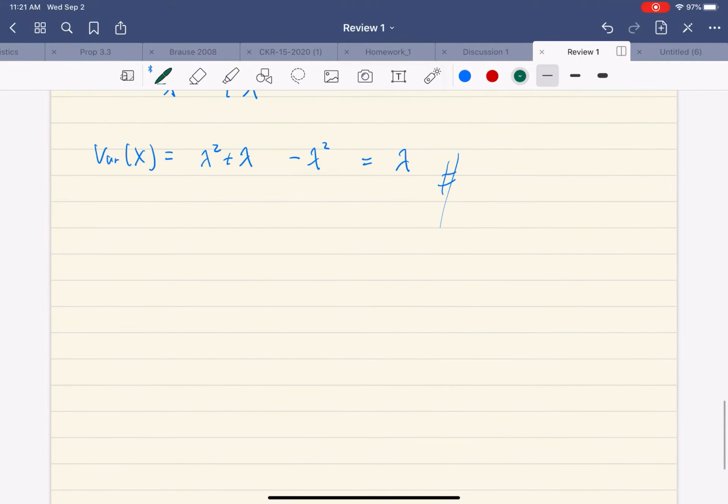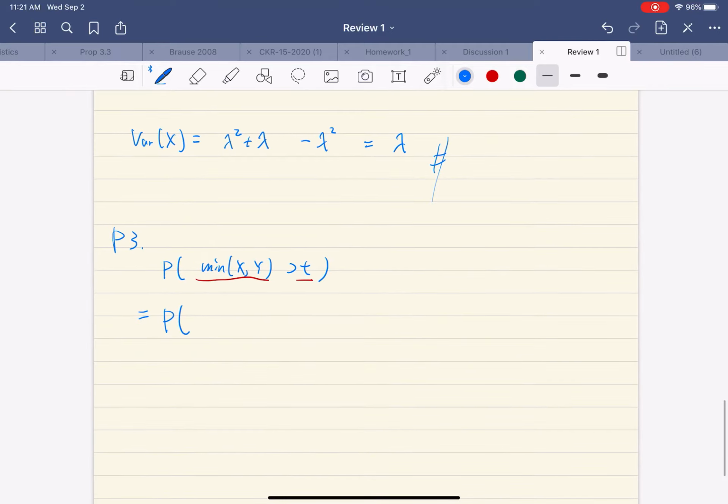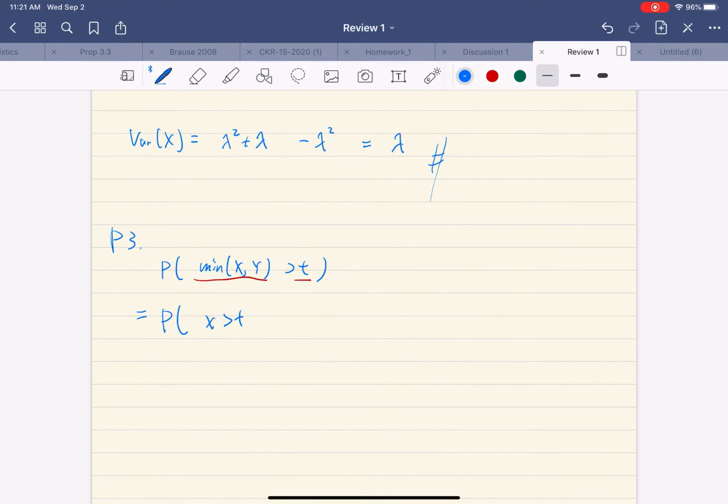So in P3, we want to find the probability that the minimum of X and Y is greater than t. We know the smallest one is greater than t. That means X and Y are both greater than t. So X is greater than t and Y is greater than t.